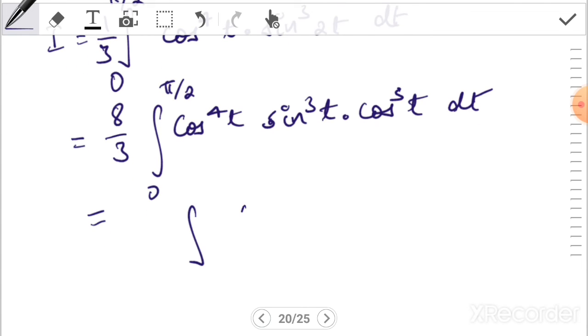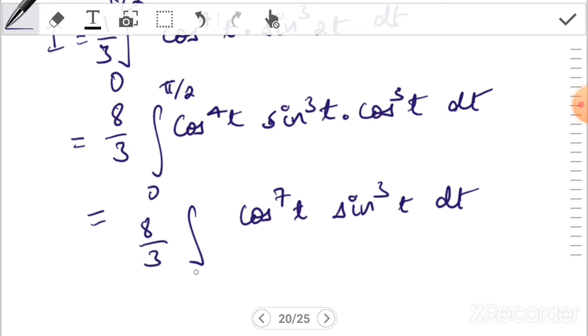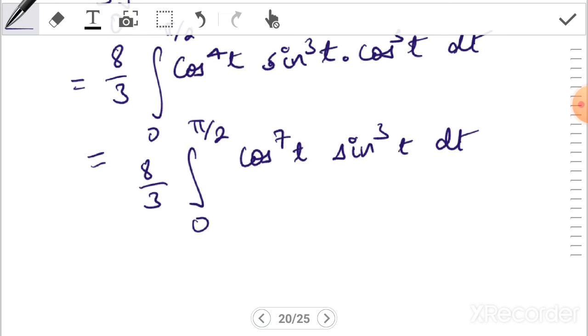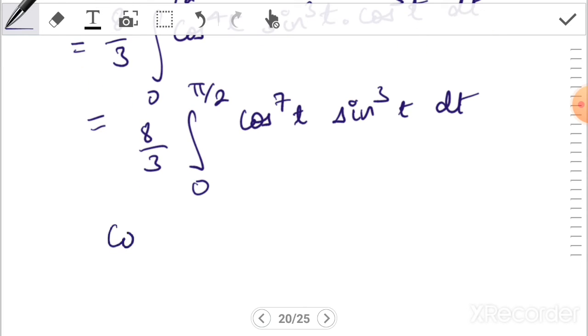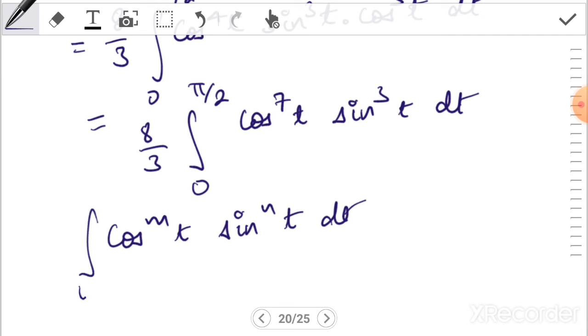Now this is the integral of cos^7 t sin^3 t dt, right? Now this has reduced to the form cos^m t sin^n t dt from 0 to pi by 2.